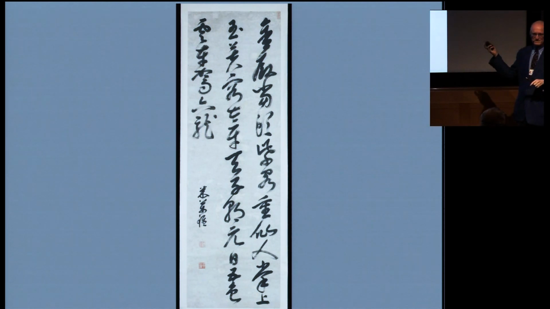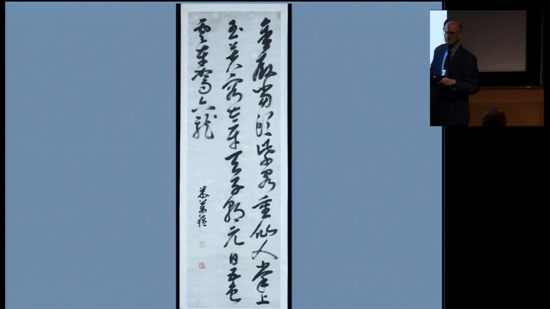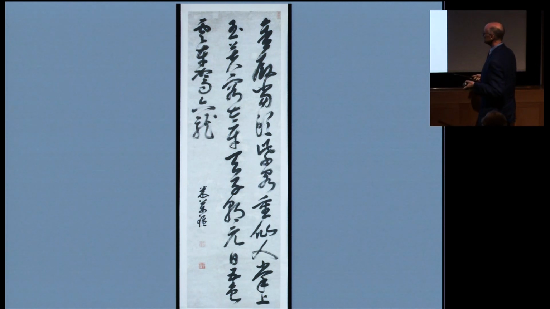It's about 10 feet high. I'm 5'10", so you can get a sense. It just goes on up and up. And it's a transcription of a poem from the Tang Dynasty from the 9th century, a poem describing the court of the emperor in extremely grand or even grandiose language.